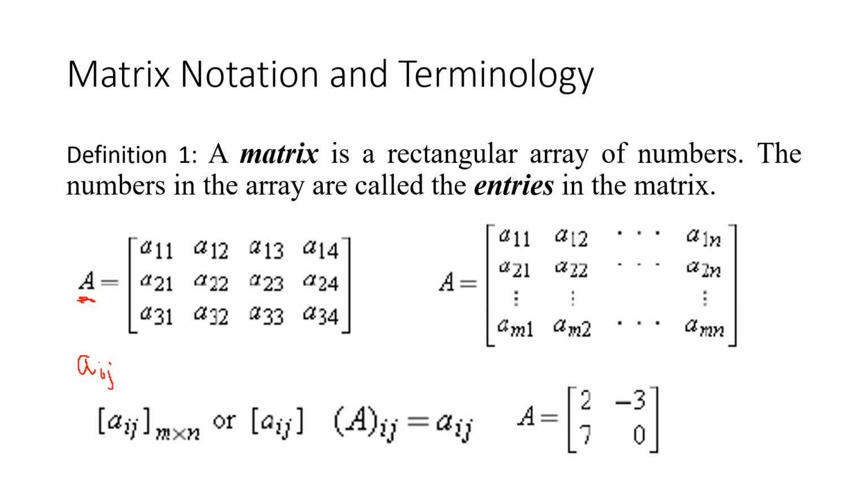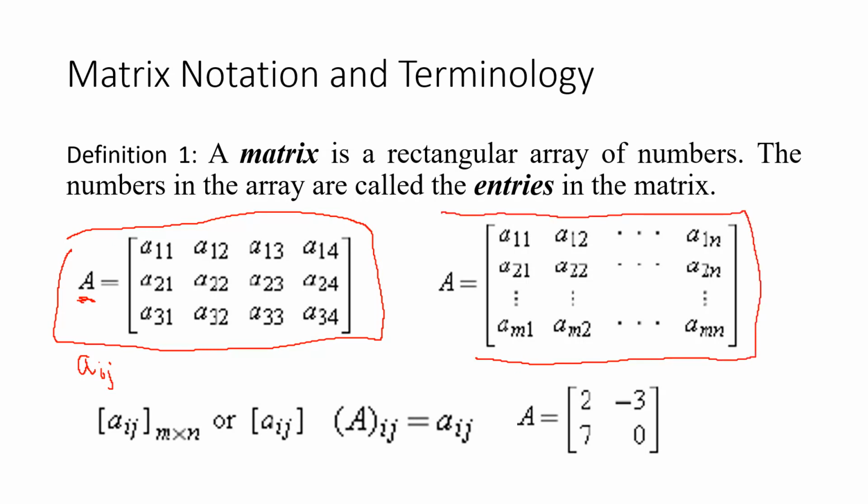Therefore, a general 3 by 4 matrix would be written this way, and a general m by n matrix would be this one.